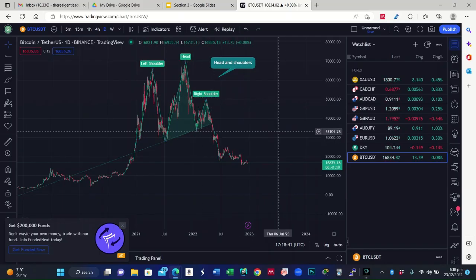In the forex market, the market can be ugly at times, so both shoulders might not be equal to each other. But there is a high probability that the setup might play out if they are equal to each other or the right shoulder is higher than the left shoulder. In this case, it is not higher than the left shoulder, but it is an example of a head and shoulder pattern.